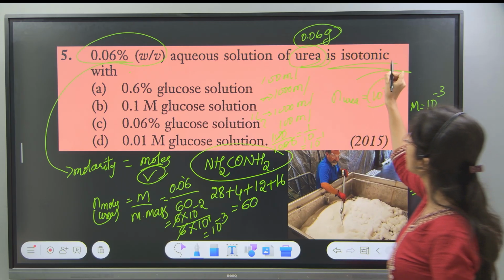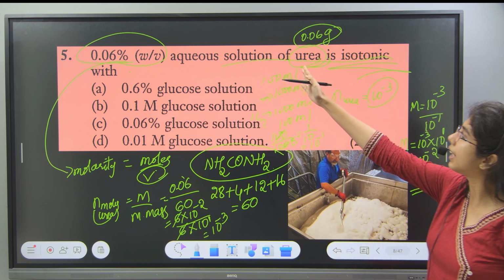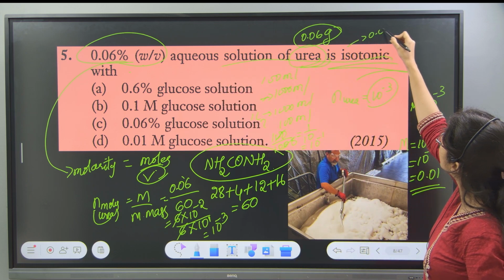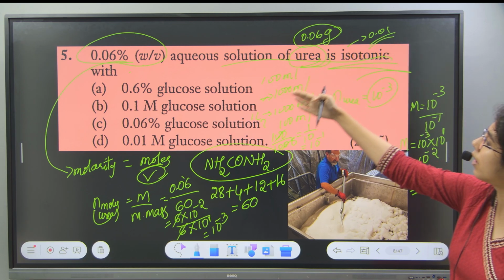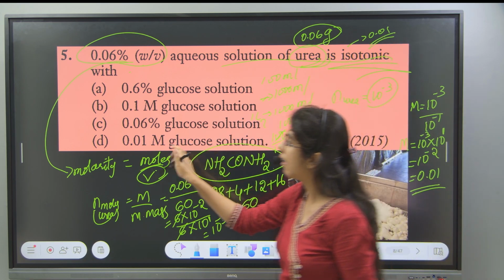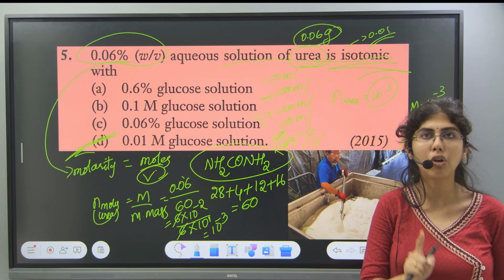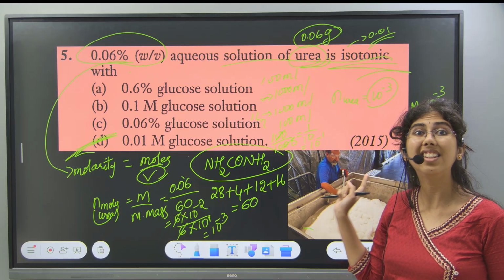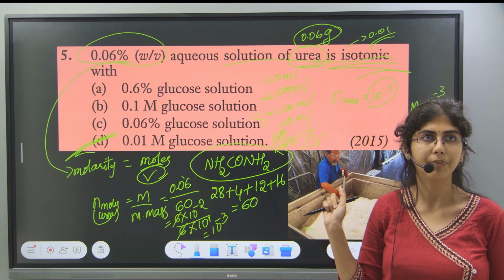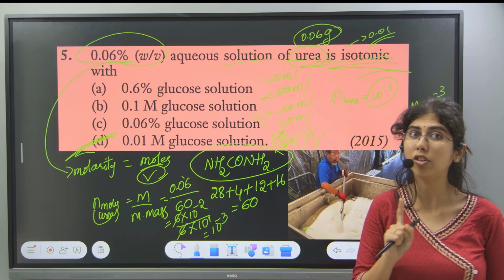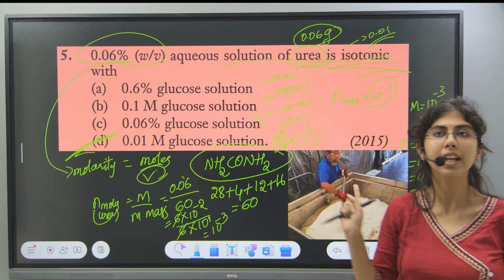So in terms of molarity, this solution is 0.01. Do we have 0.01 in any option over here? Yes, option D. This is how you solve questions like these when an isotonic solution is given. This kind of question I did not solve in the previous session. That's why I helped you.